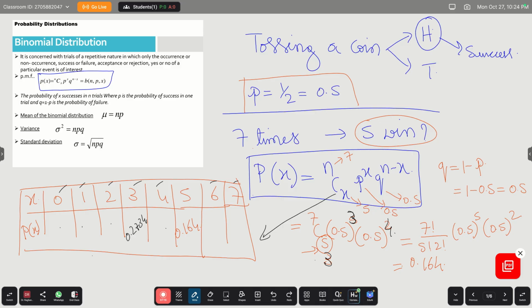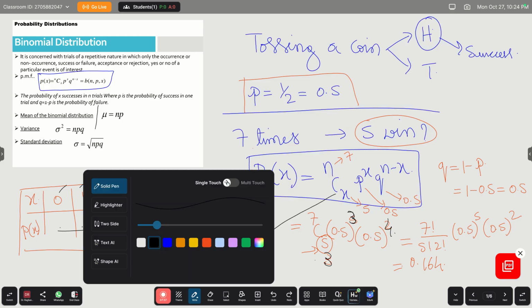And you can also observe that if you add all these values, the sum of the probabilities will be equal to 1.